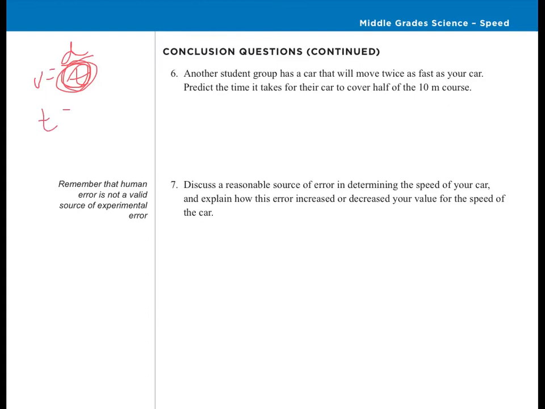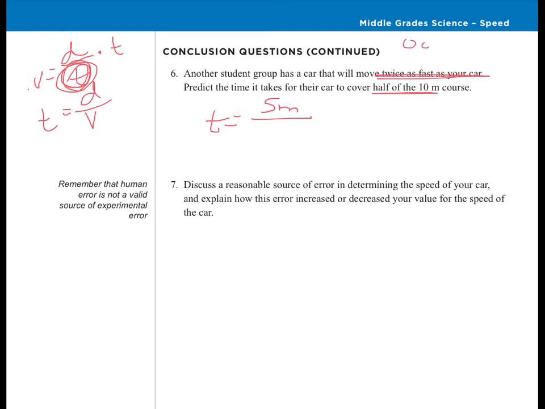So t is equal to the distance divided by velocity. All right, so for this, we say we're covering half the course, which would be 5 meters, and our car is going twice as fast.